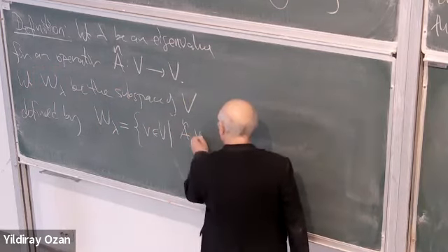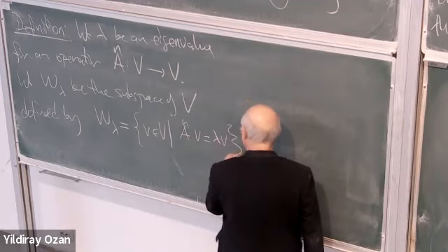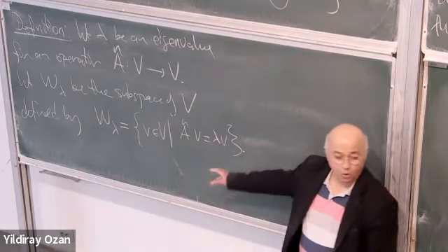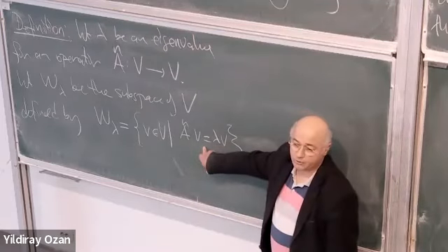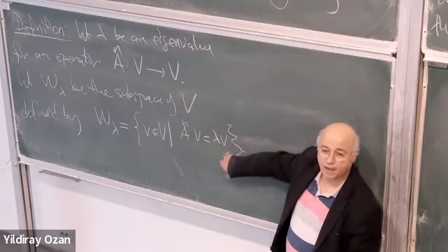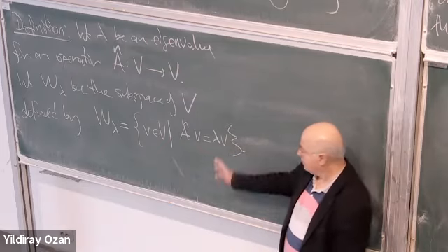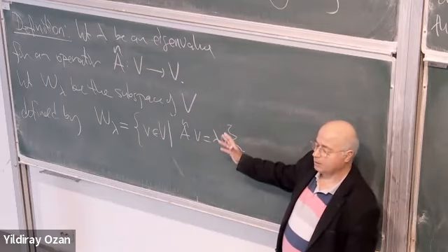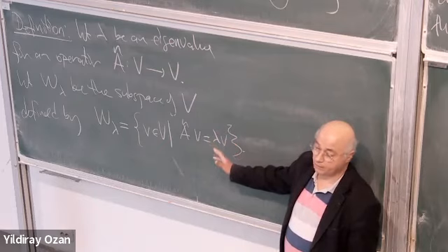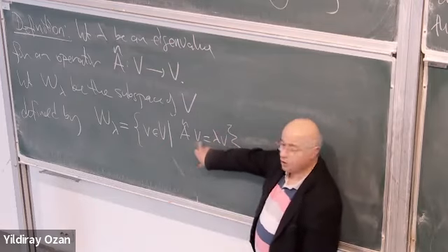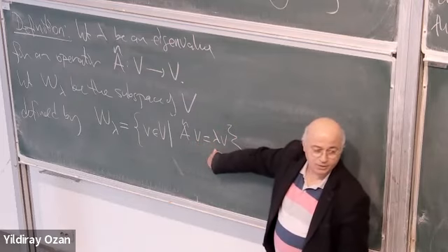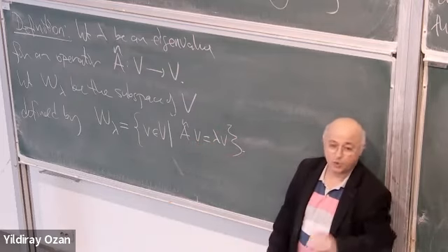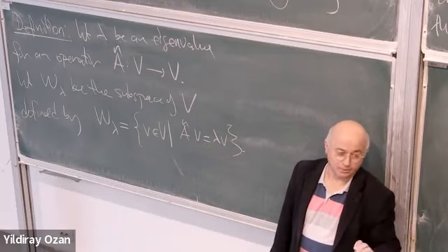The set of V in the space such that A hat V equals lambda V. So I consider all the vectors so that A hat applied to that vector is just lambda times that vector. Not all of them are eigenvectors. Why is it? Because the zero vector satisfies this equality, right? A hat times zero is just zero, but zero is never an eigenvector.